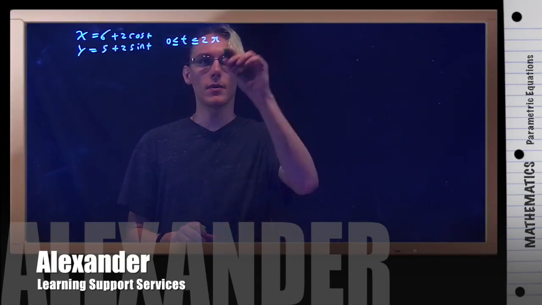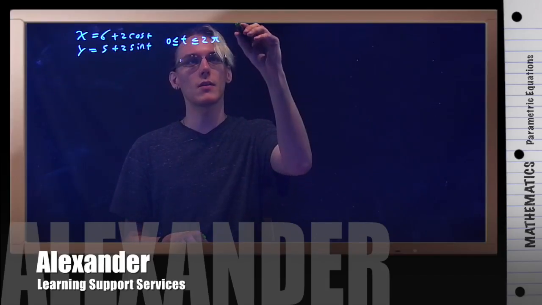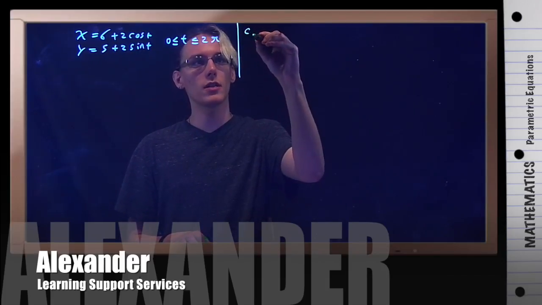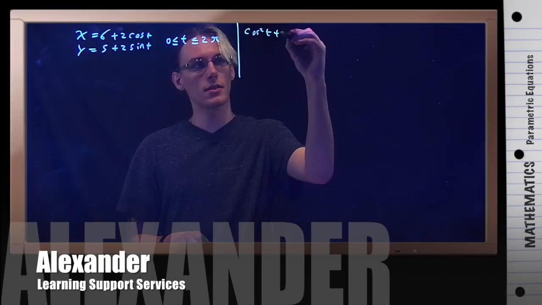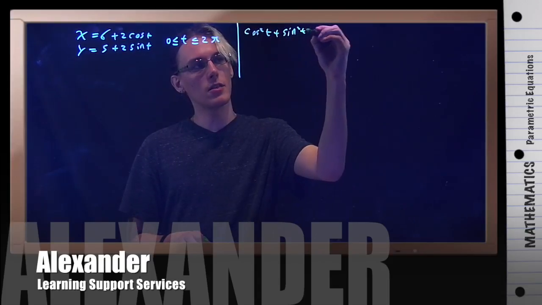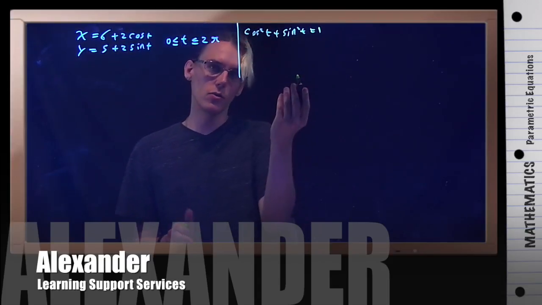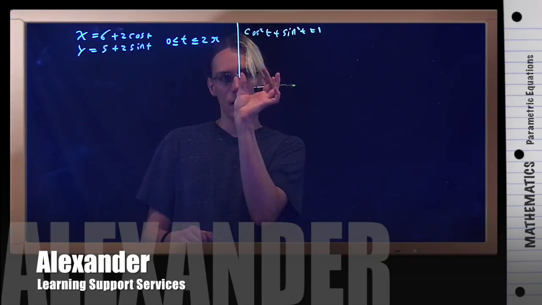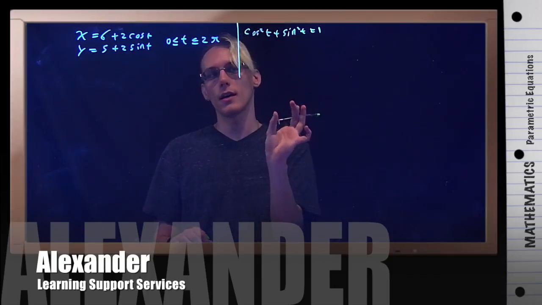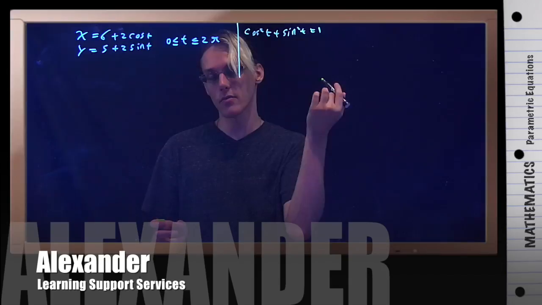One thing that's useful to keep in mind, I'm not doing any steps on this yet, I'm just writing things to keep in mind, is that cosine squared plus sine squared is equal to 1. I can use this to try to simplify stuff. If I can square the cosine and square the sine, then they just go away and become 1, and that's convenient.